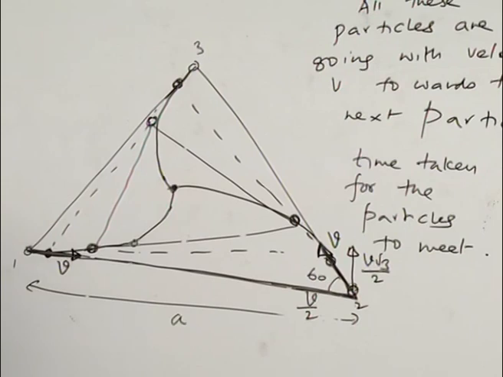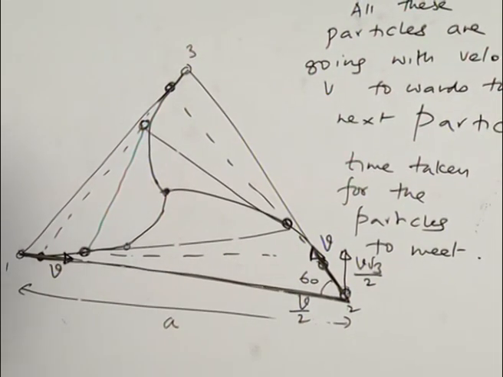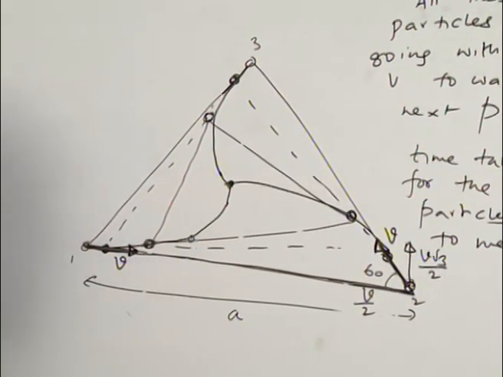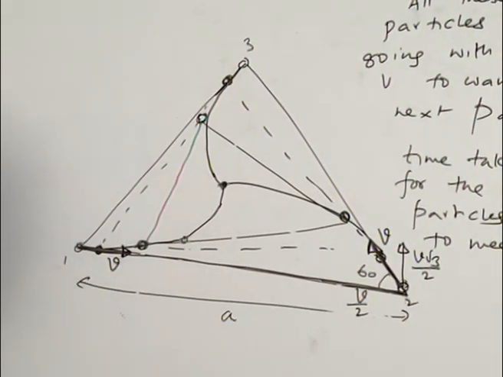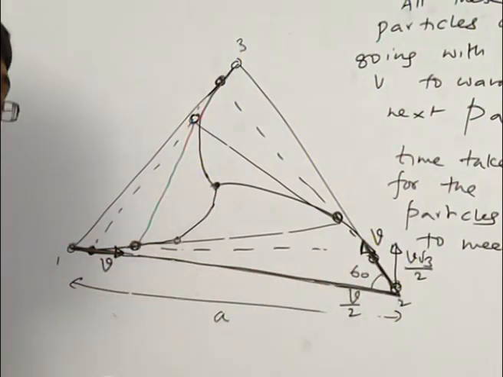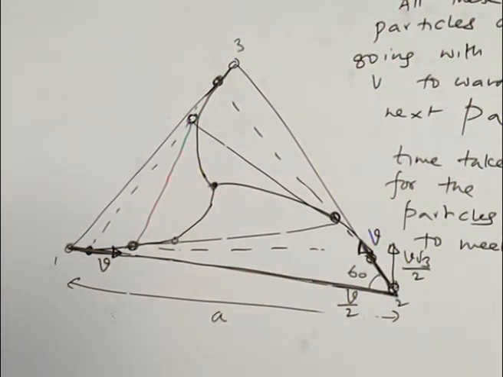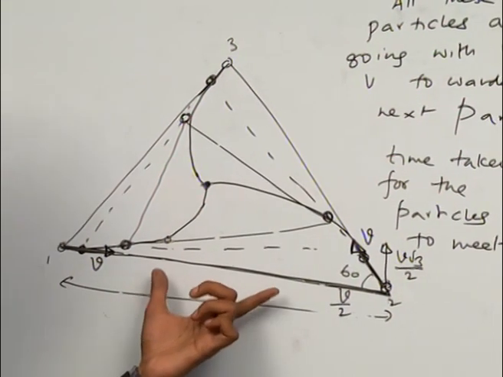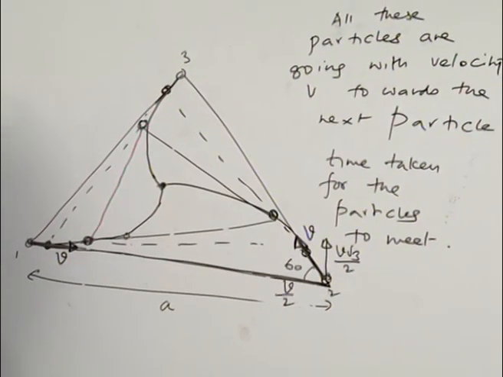Now, this situation, what I have shown, 1 and 2 are approaching. You see here, I am using the word approaching because I am talking about their speeds along the line joining them. Whenever you talk of approach or separation, you must join the particles by a line. So we are talking about the approach or separation along the line joining both the particles.